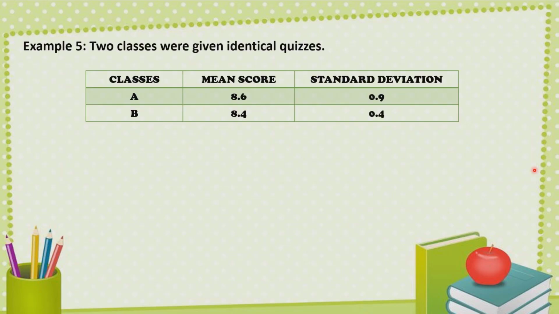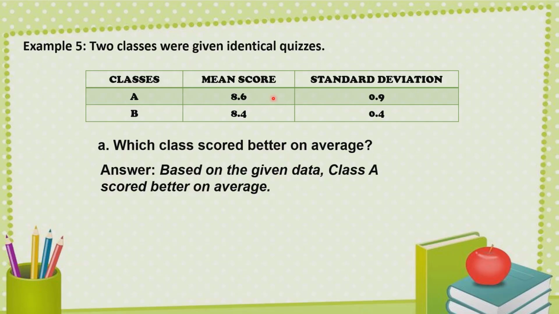Example number 5. Two classes were given identical quizzes. We have here Class A and Class B. The mean score and standard deviation is given below. Which class scored better on average?